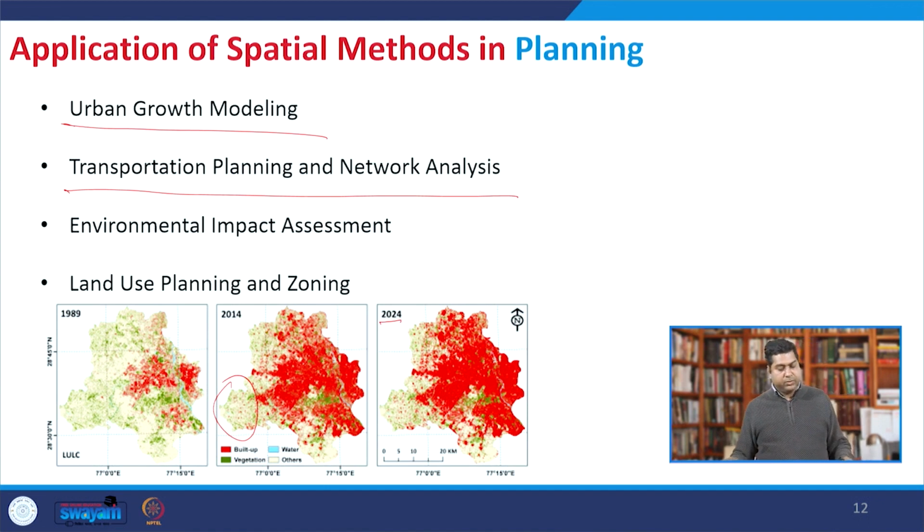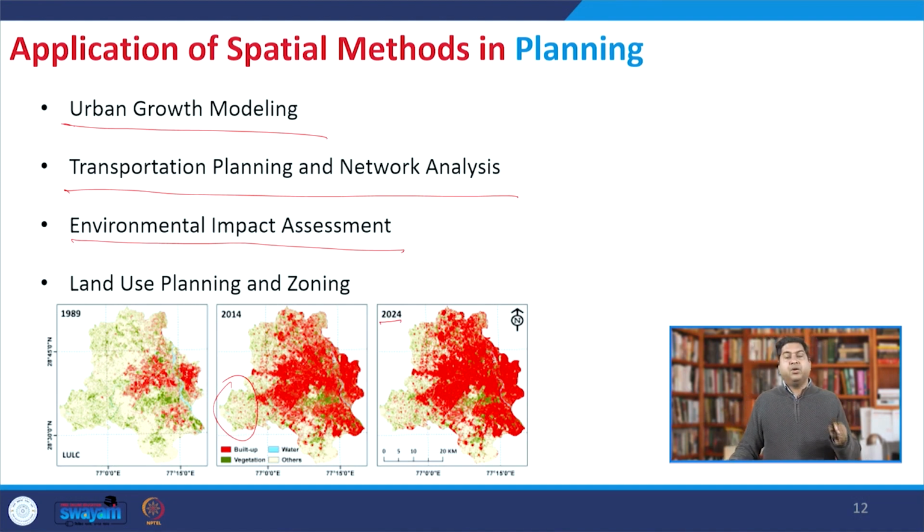It can also be used for environmental impact assessment. Now it's all about having a map and linking it with, say, a real time map of pollution. What you need is point specific pollution data, and you fetch it into the GIS, and then you can actually predict the phenomena, day and night time, how things are moving.